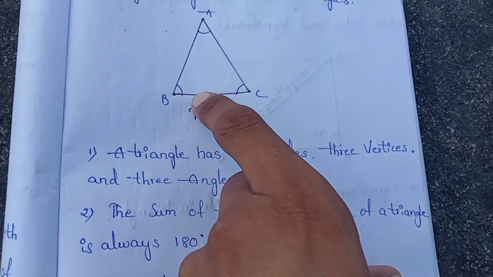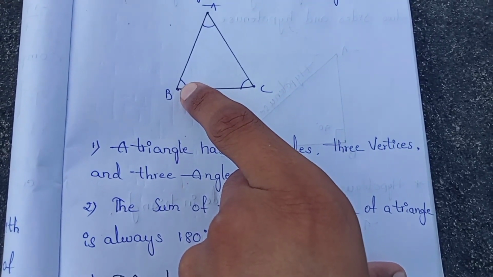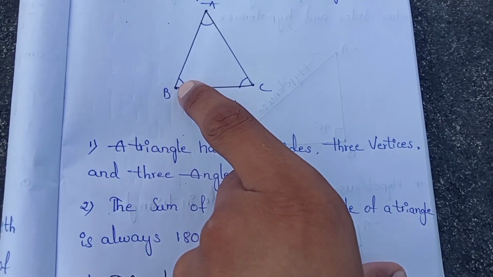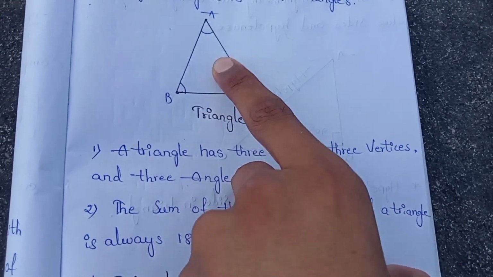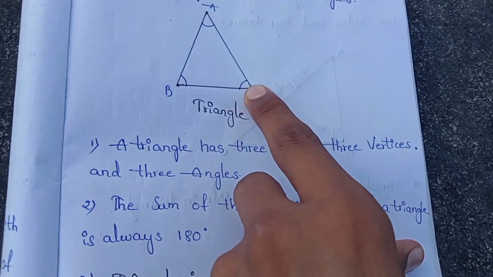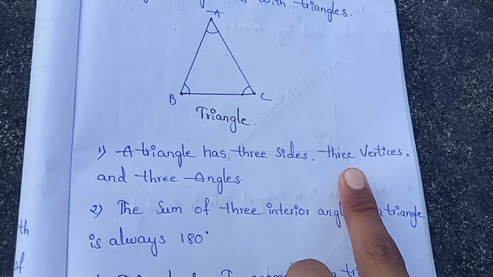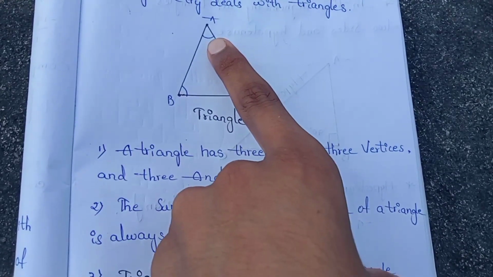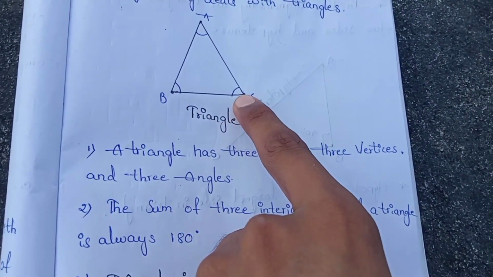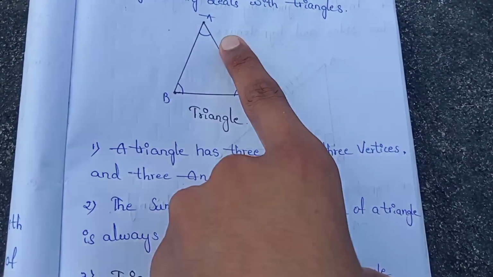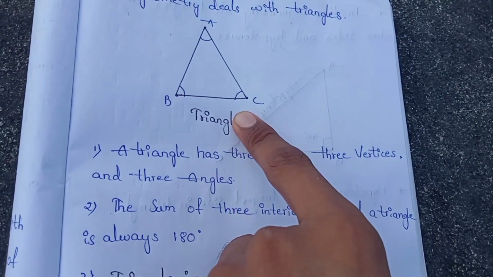The point seen by joining two lines is known as a vertex. A triangle has three vertices: one, two, three. It has three angles, angle A, angle B and angle C, formed by joining two lines.